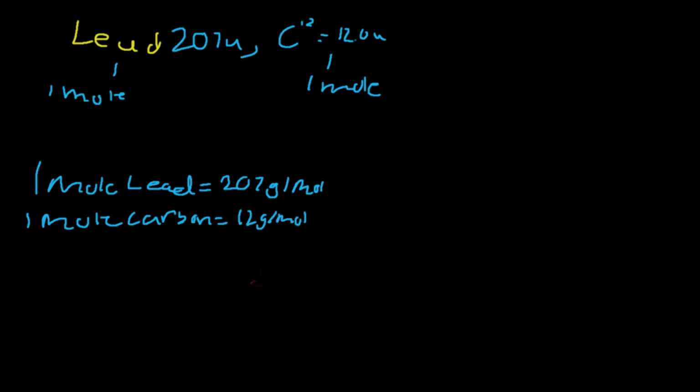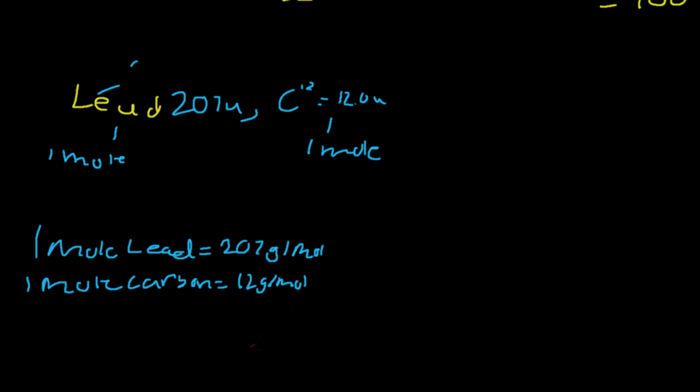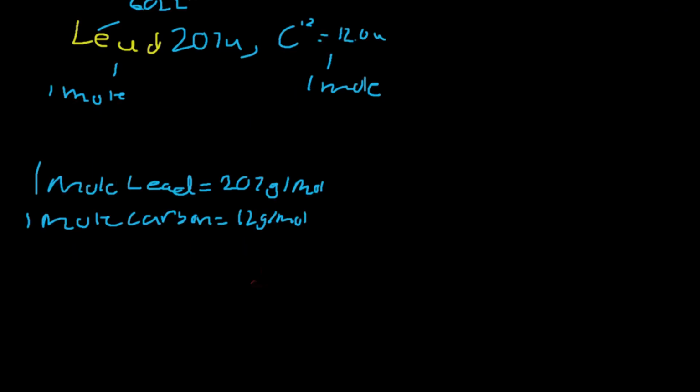If you see, the molar mass is different, but if you remember, the amount of particles is the same. That's 6.022 times 10 to the 23. The amount of particles is the same, but the actual molar mass is different.